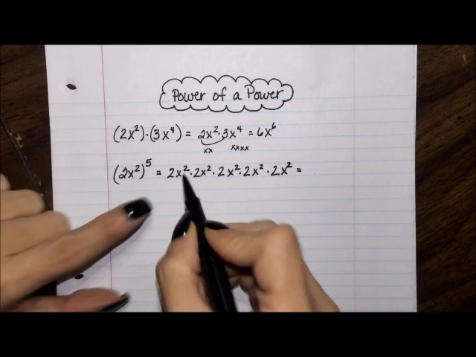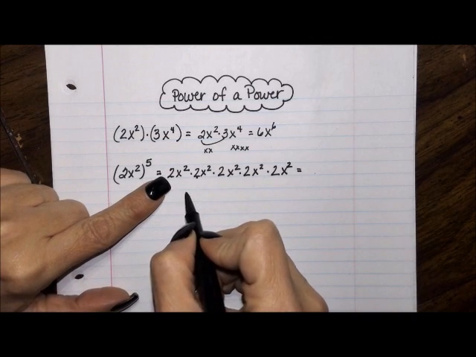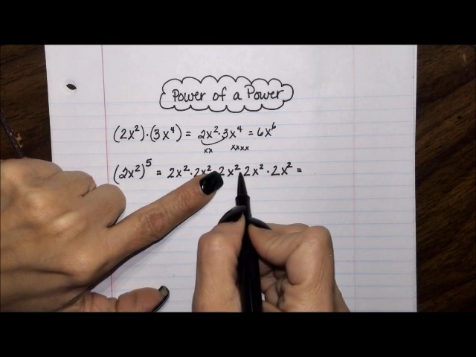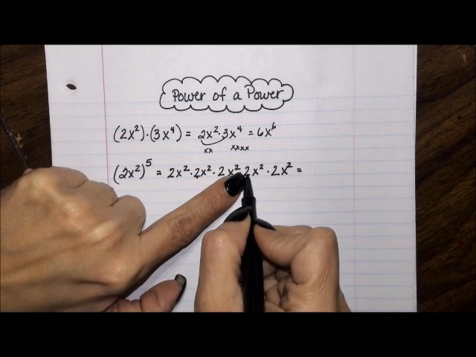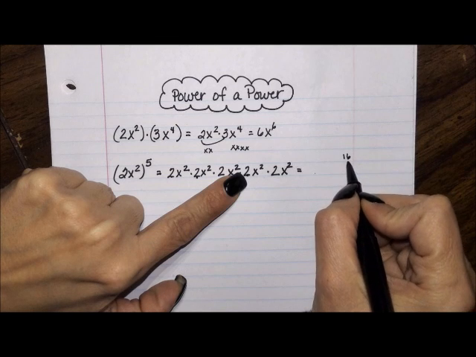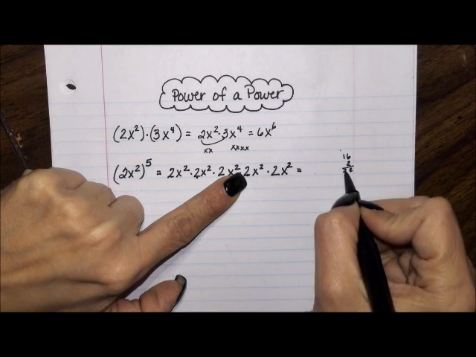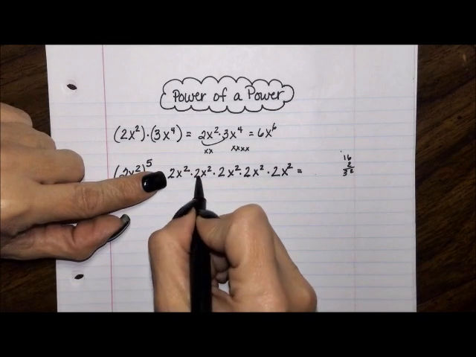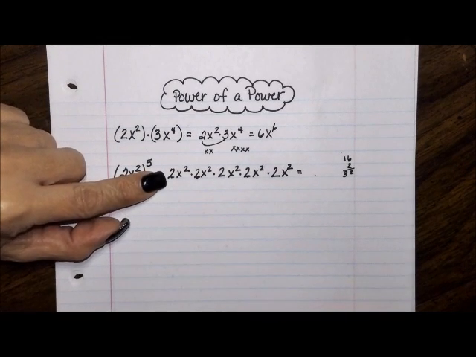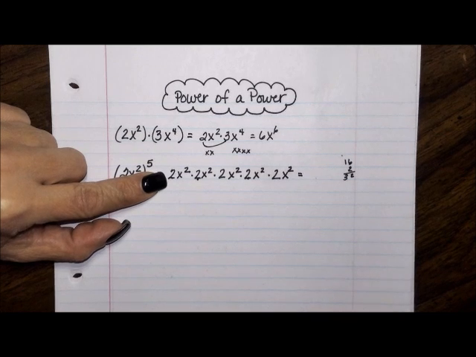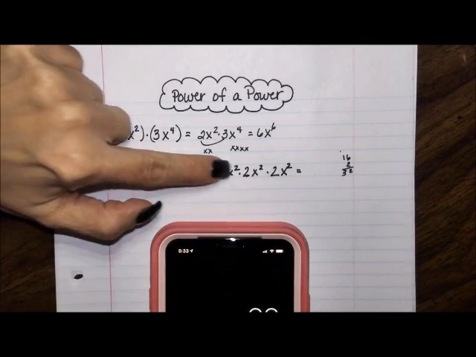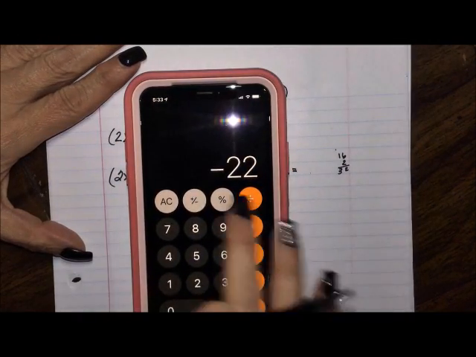So here's what I need to do. 2 times 2 is 4. 4 times 2 is 8. 8 times 2 is 16. And then I need to do 16 times 2. That doesn't sound right. Okay, what did I do wrong? Let me get my little calculator out here. I thought it was 64. 5 2's, right?